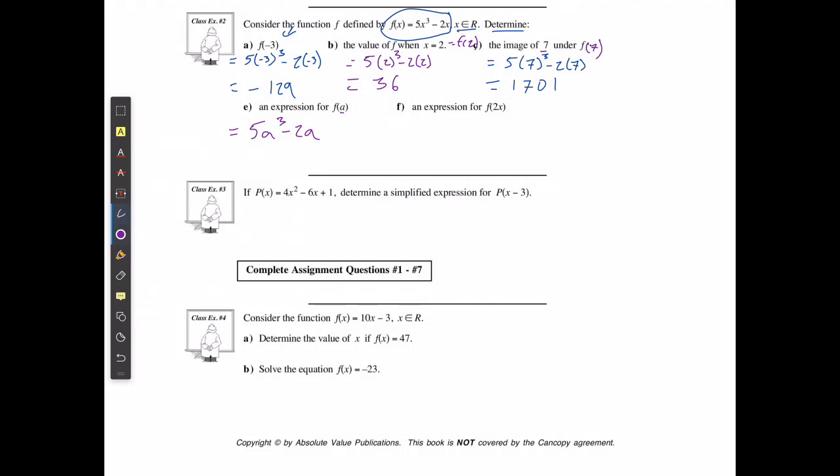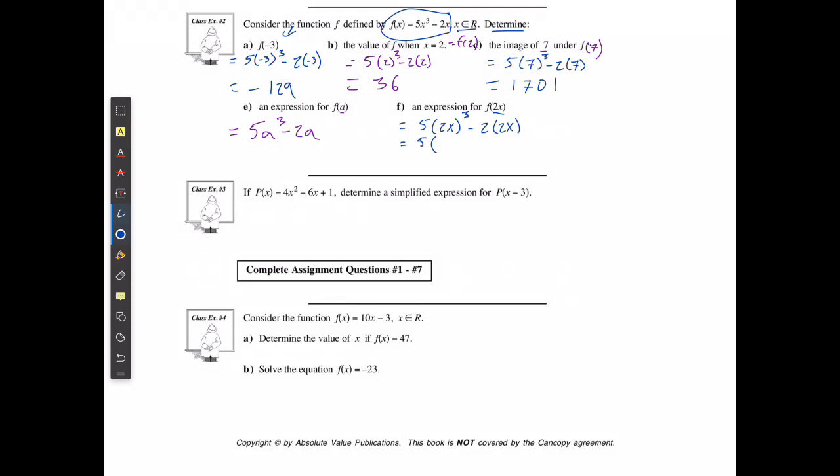If I'm looking for an expression of f of 2x, I'm just going to replace every x with bracket 2x and then see if I can simplify. So I'm going to say that this would be the same as 5 bracket 2x to the power of 3 minus 2 bracket 2x.